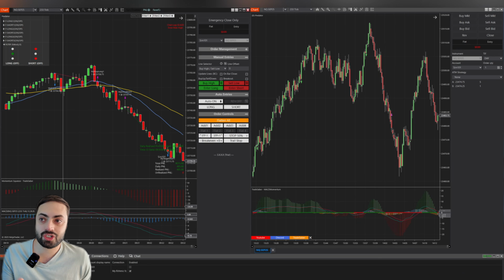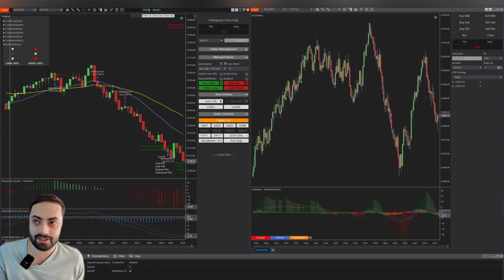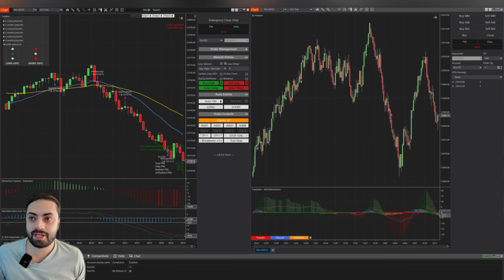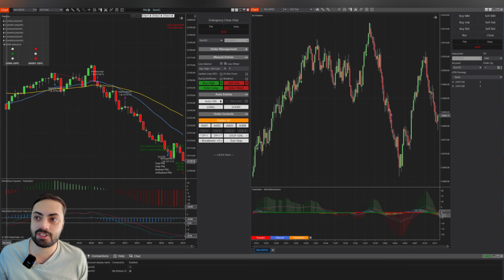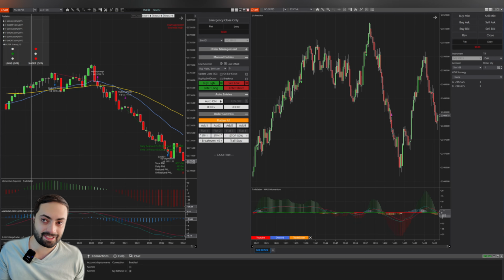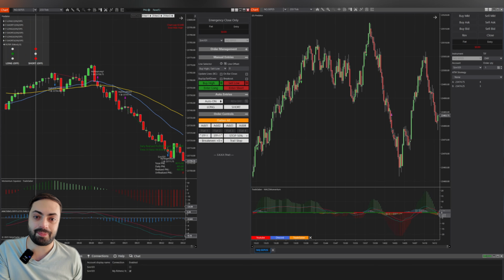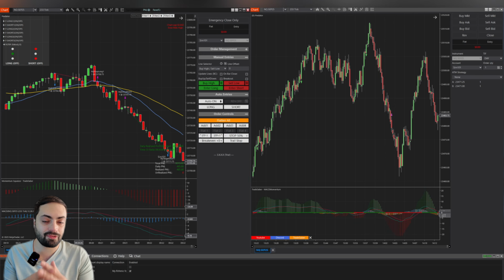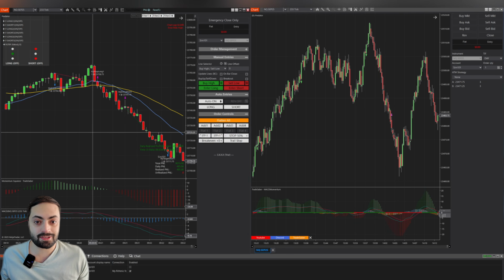And it's also making sure the MACD diff, that's the blue histogram right here, is above 0. That just means your MACD line is above the red signal line. And it's also just making sure that MACD line itself is also above 0.